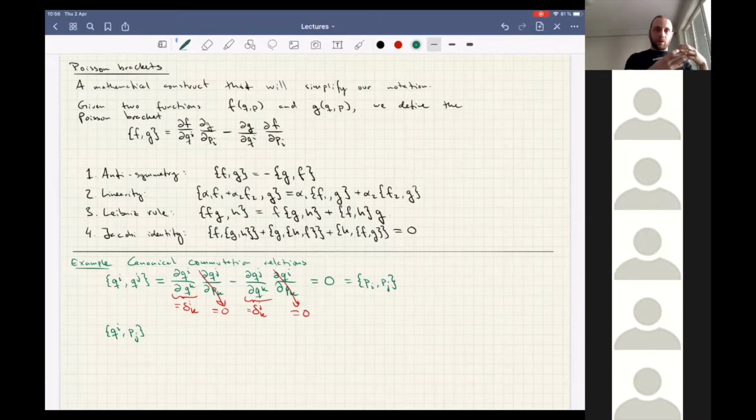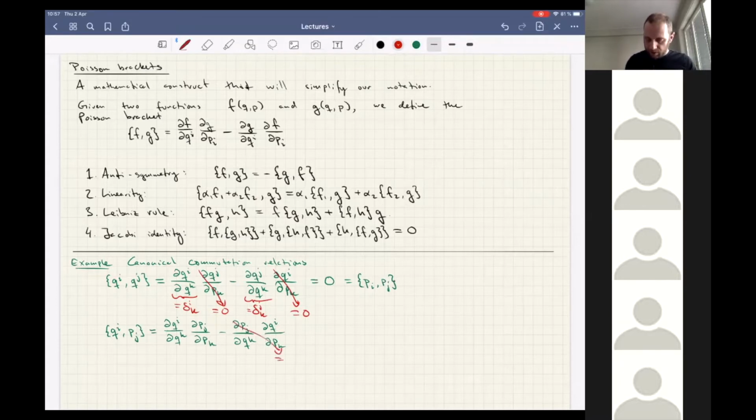So if we take the Poisson commutator of one of the generalized coordinates with the canonical momentum, we write the same thing again: ∂qi/∂qk ∂pj/∂pk, and the second term is ∂pj/∂qk ∂qi/∂pk. Now, in this second term, both of the derivatives are equal to 0.